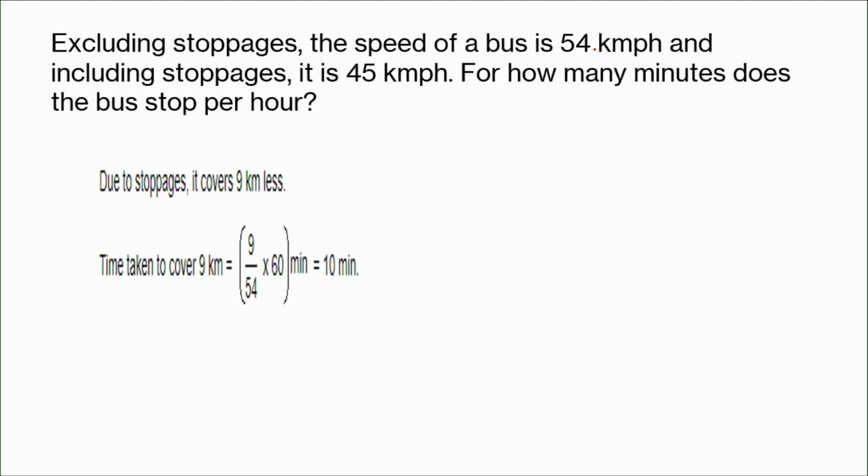When you take it for 1 hour, when you exclude the stoppage, it travels 54 kilometers. When you include it, it travels 45 kilometers. So, the difference is 54 minus 45, that is 9 kilometers.